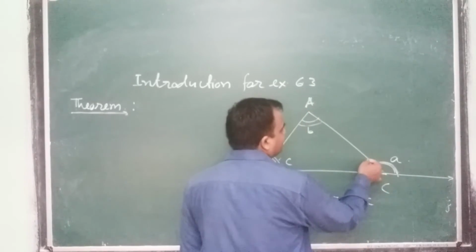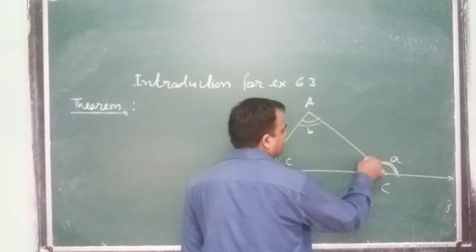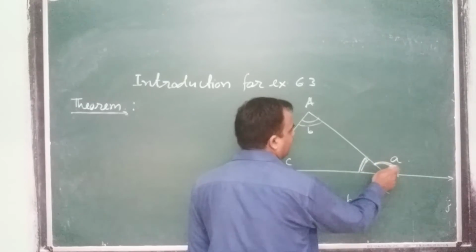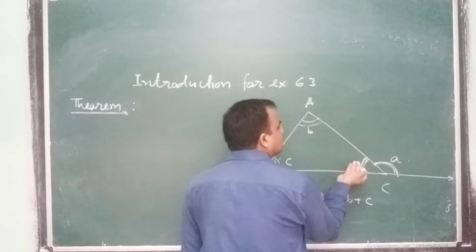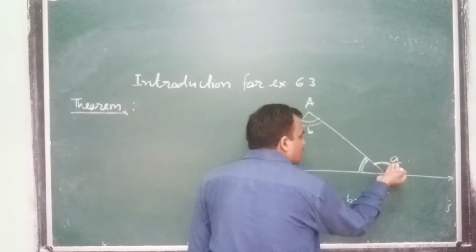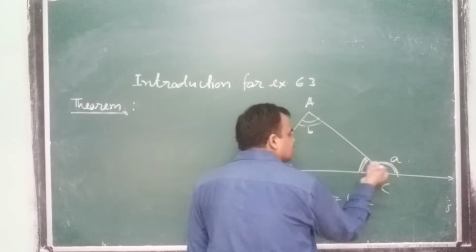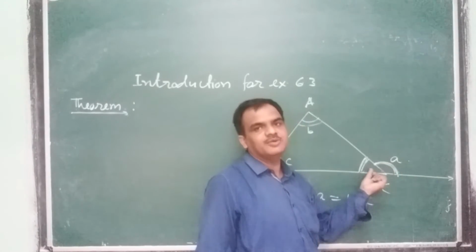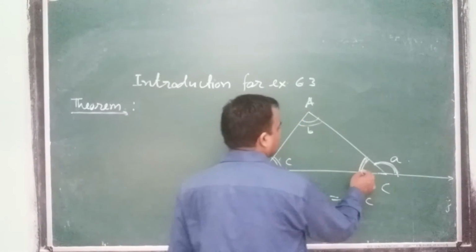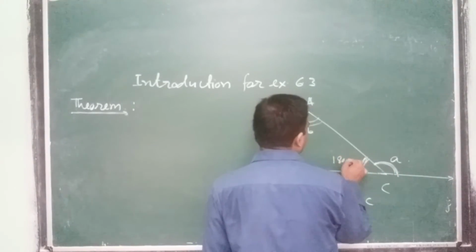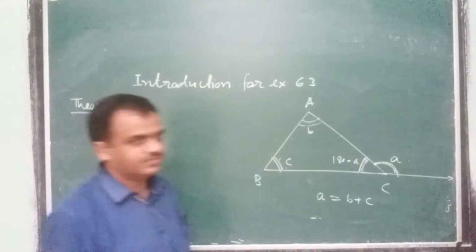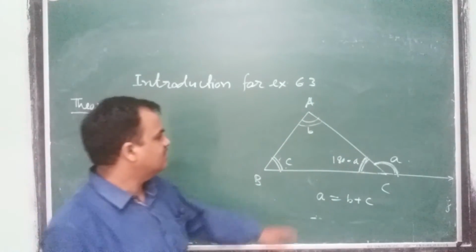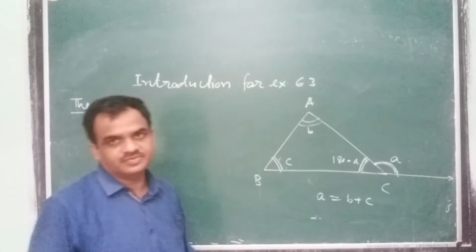Here at this very point we are having two angles, angle A and this one. The sum of these two angles will be 180 degree. If this angle is A, what about this angle? This angle will be 180 minus A.